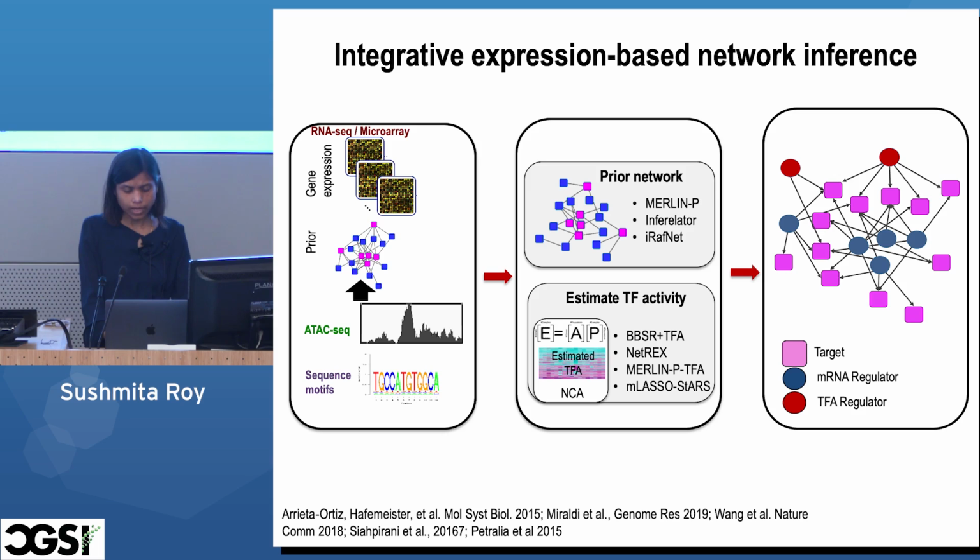You can use that to guide the structure of the network. The other thing that people have done is to relax the assumption that the mRNA of a regulator should be used to predict the mRNA of a target, and they use something called transcription factor activity estimation. I'll touch briefly upon these methods.